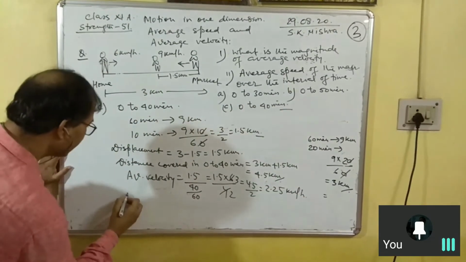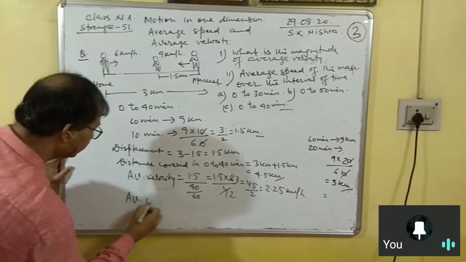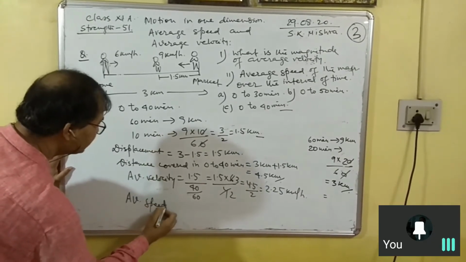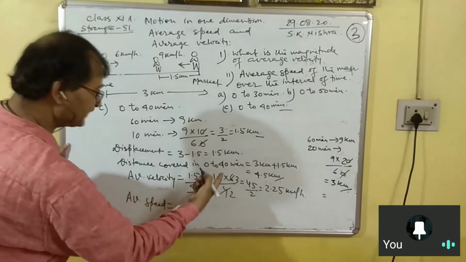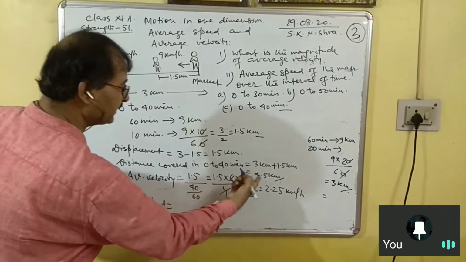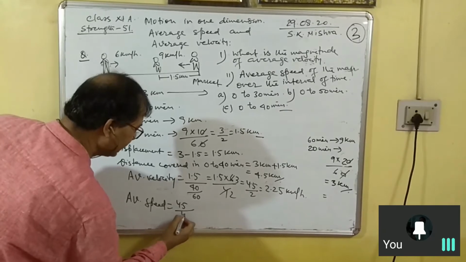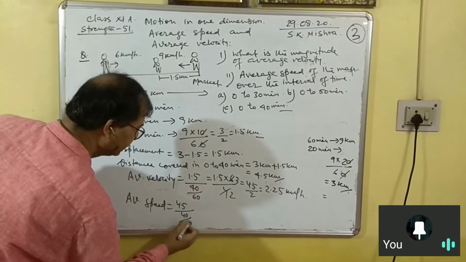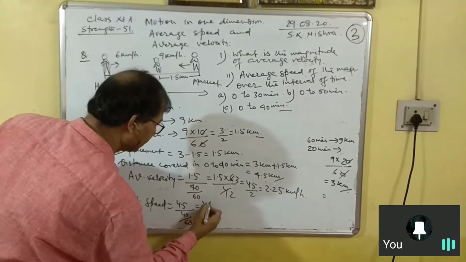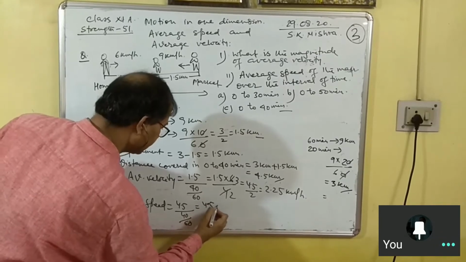Now what is the average speed? So total distance covered in 0 to 40 minutes is 4.5, by total time, which is the same, 40 by 60. So in the same way you can write 4.5 into 6 by 4.